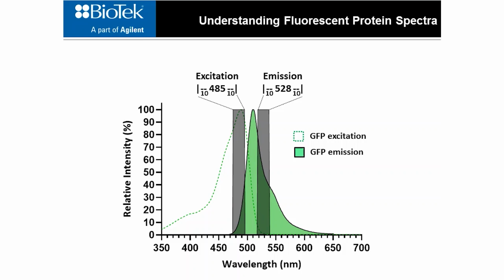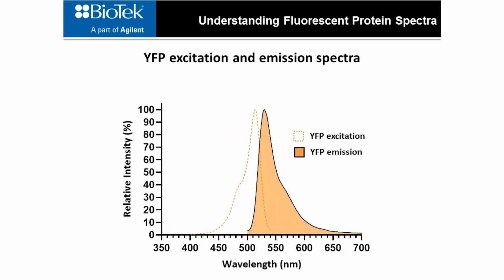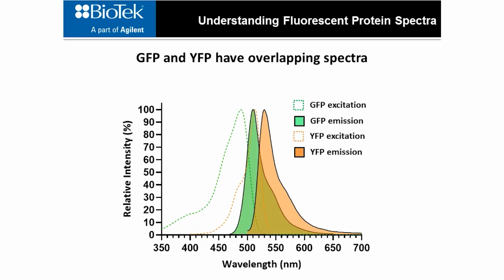However, the challenge comes when it becomes necessary to multiplex two or more fluorophores. Consider YFP, whose excitation and emission spectra are very similar to GFP, so much so that they have overlapping spectra. You can see here in the dotted orange line where the excitation is ideal for YFP, you also have the emission spectra for GFP as well.